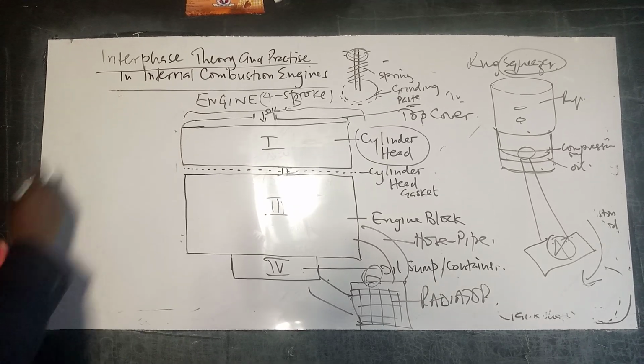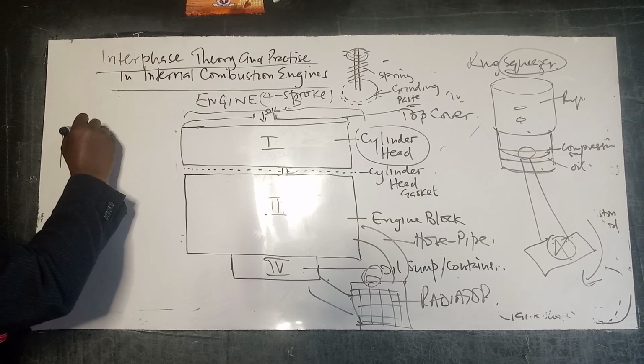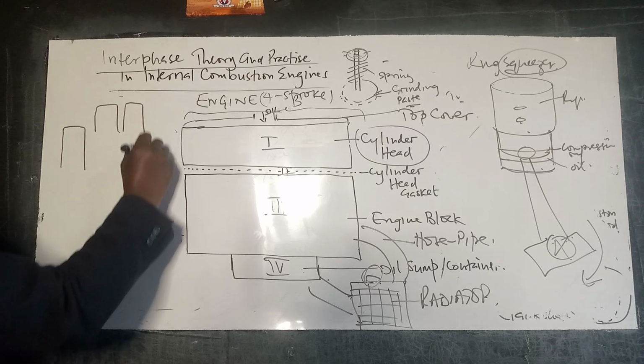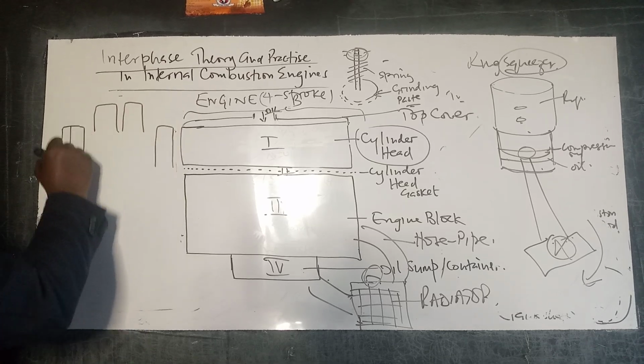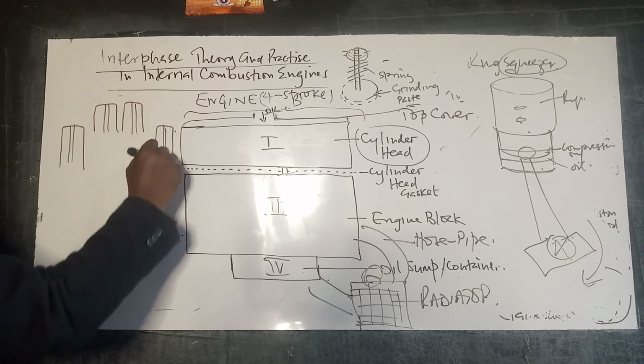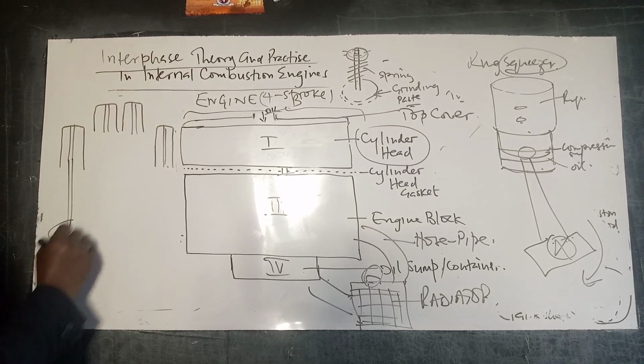I need to be a little bit more economical in my use of space. So let's just say that we have the rod. It's not accurate. The pistons.